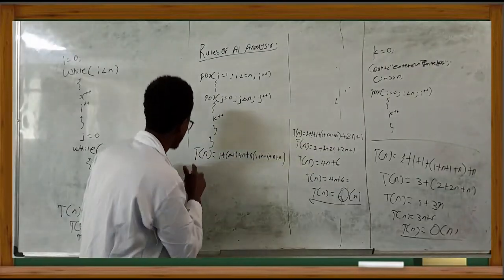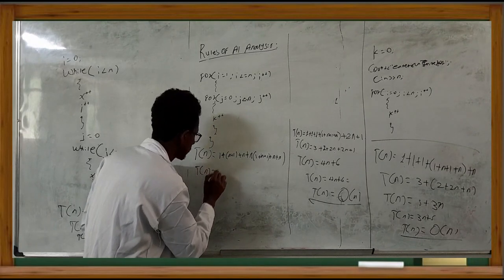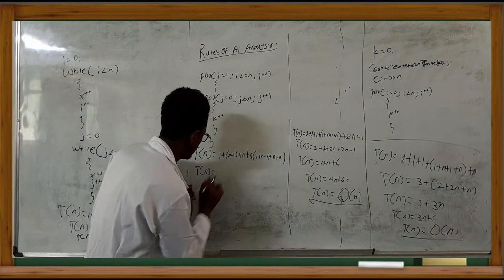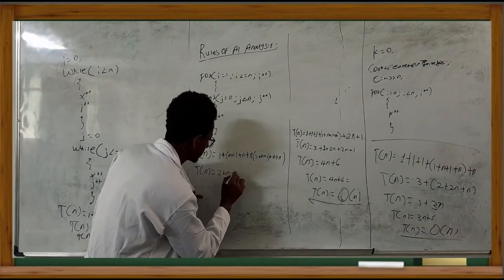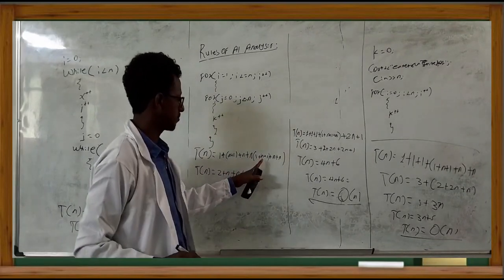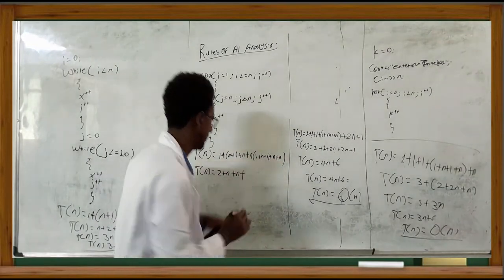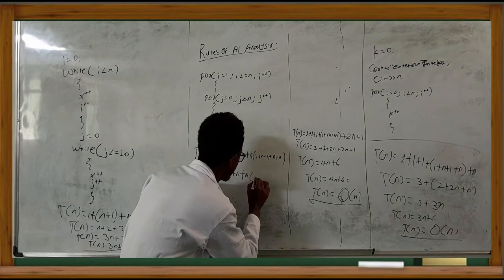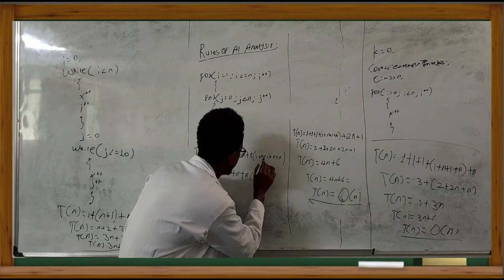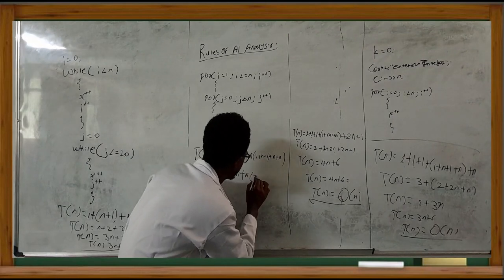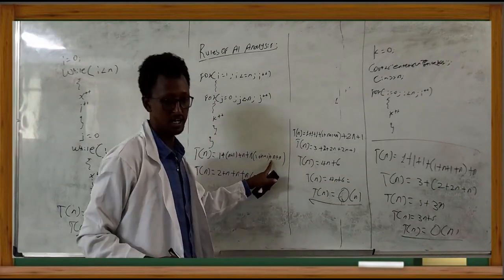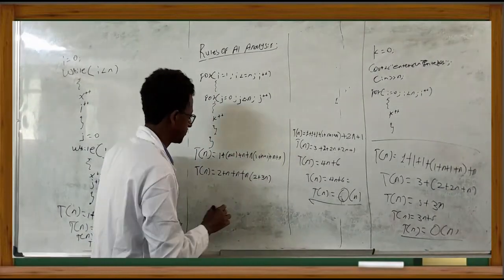T of n is equal to 1 plus n plus 1, that means 2 plus n plus n plus n times (1 plus n plus 1 plus n plus n times (1 plus n)), n times, at the first one, 2 plus 3n. 2 plus 3n.